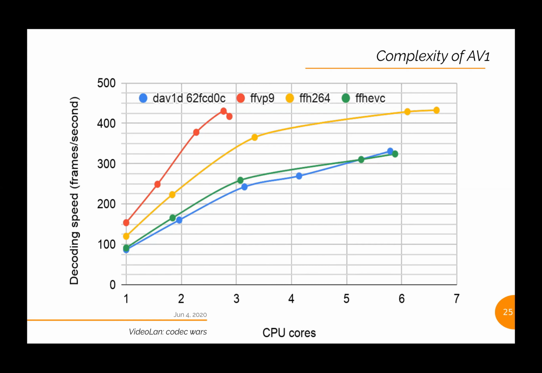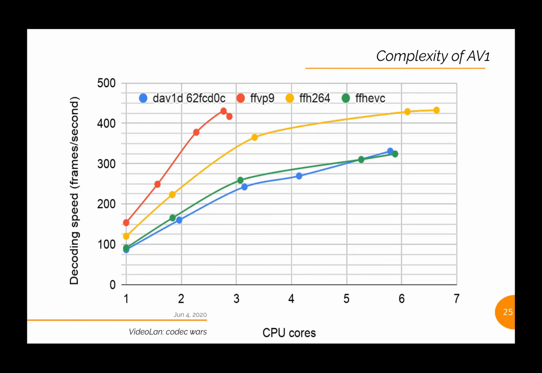And that was quite a surprise, because if I tell you that VP9 is less complex than H264, you would say, no, that's not possible. Maybe it's not, mathematically it might be more complex, but in real time, in actual good implementation, it can be faster.